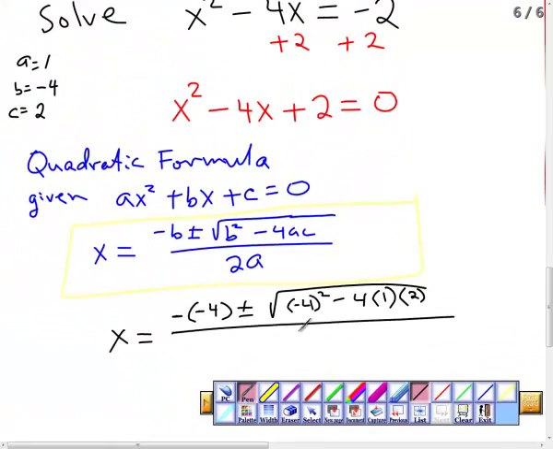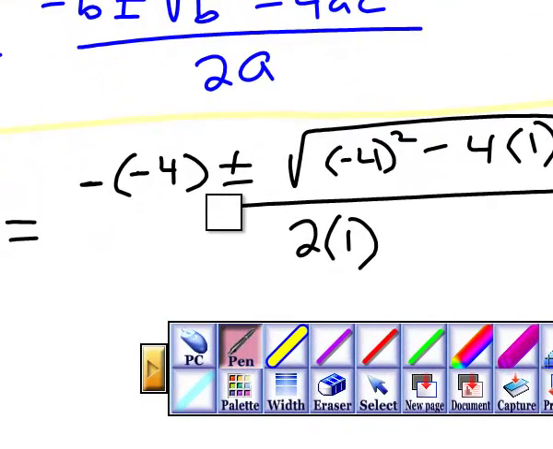And that's all over 2 times a, which is 1. Now you have to be careful that you go all the way across with this line, because if you do just that, you see how this line doesn't go all the way across? That's wrong, because the 2 doesn't divide into it. You got to go all the way across. Okay? Questions with this so far?